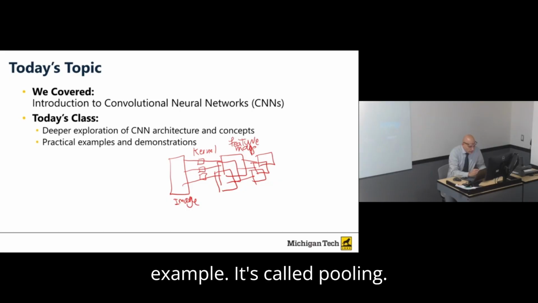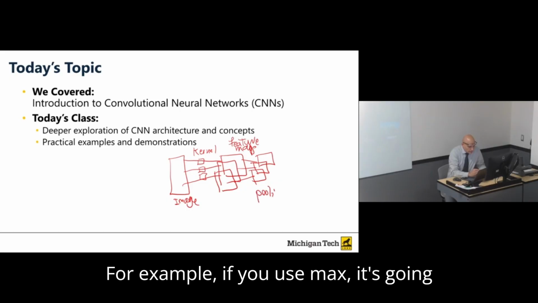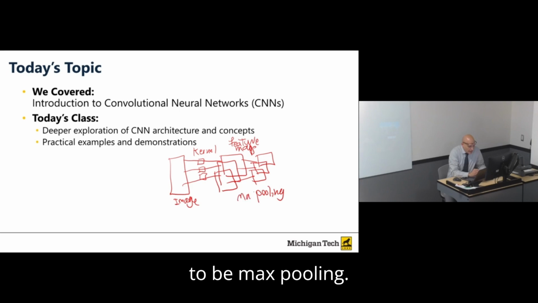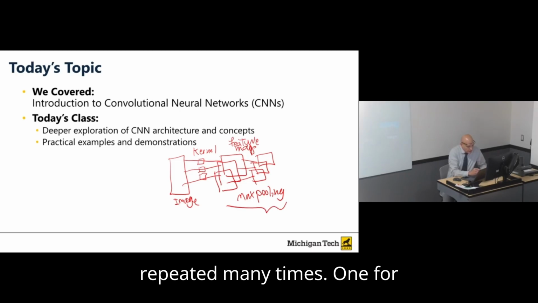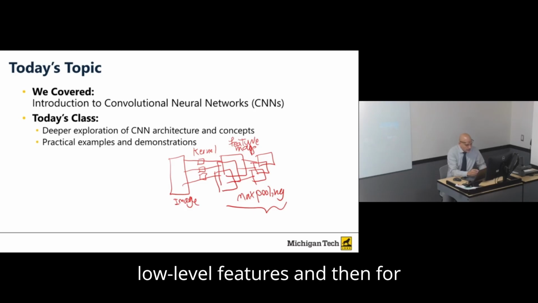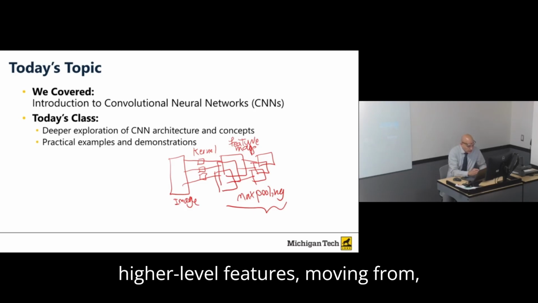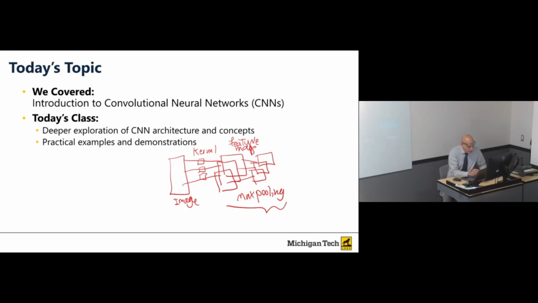If you use max, it's called max pooling. This step can be repeated many times, one for low-level features and then for higher-level features, moving from edges to objects, for example.